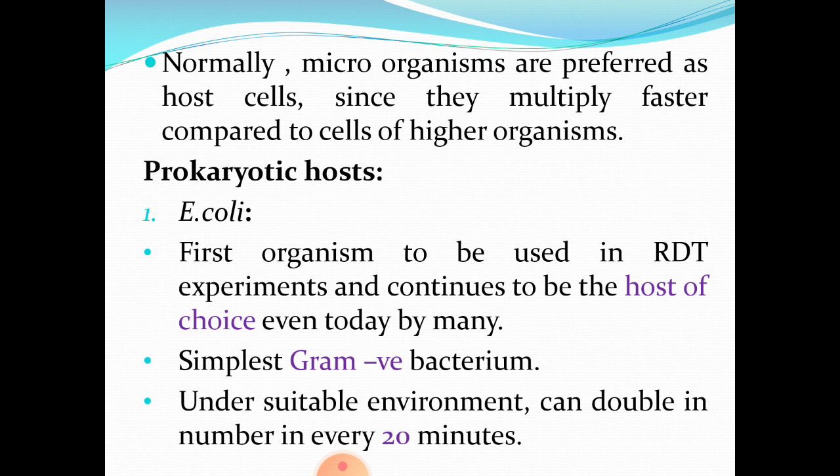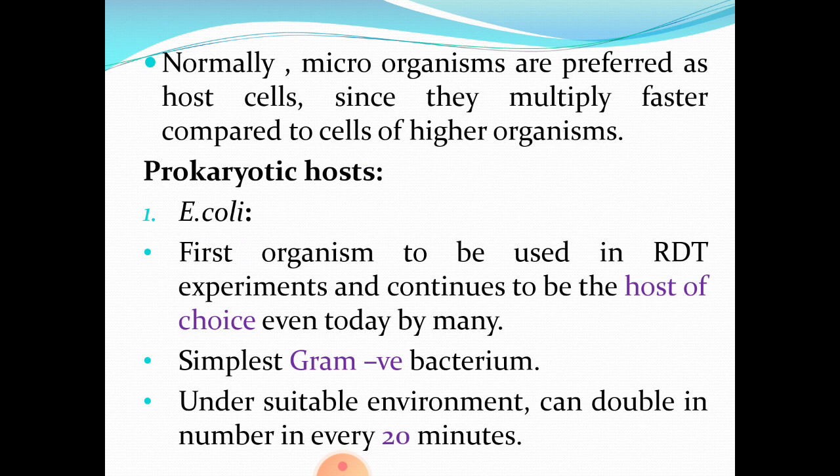Now we shall study one by one the prokaryotic hosts and the eukaryotic hosts. Now let us study about E. coli or Escherichia coli. In fact, this was the first organism or the bacterium to be used in RDT experiments, and this continues to be the host of choice even today by many.